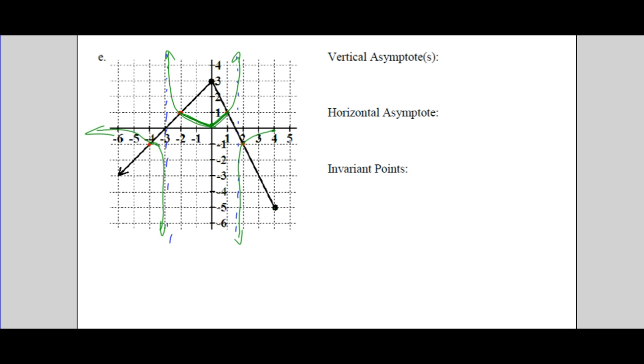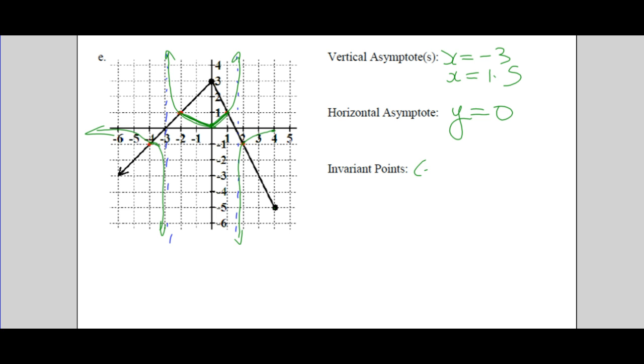Vertical asymptotes, where were they? X equals negative 3, x equals 1.5. Horizontal asymptote, there's 1, right? This isn't an asymptote over here because this ends here, but this is an asymptote, so it is y equals 0. And invariant points, what do we got?